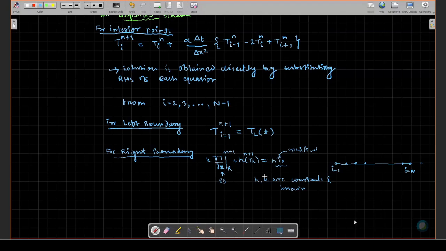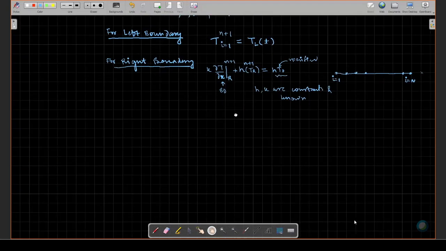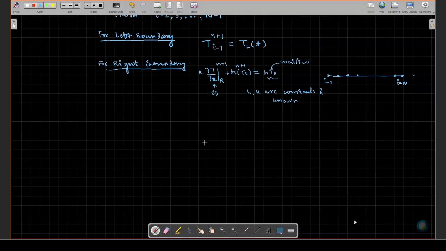So how do you write this then? Like this, I'm showing you here. You can write k del t del x. This has to be discretized at capital N, plus the constant h times T, which has to be discretized at n.